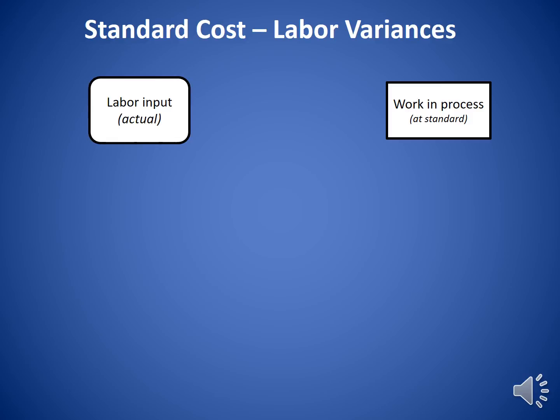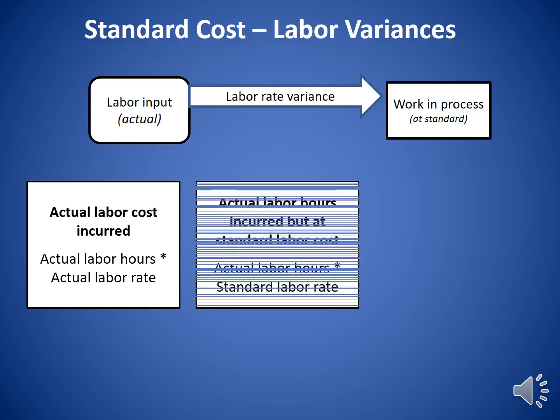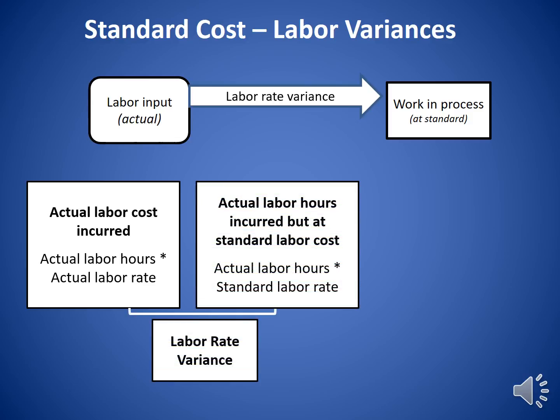So let's talk about the first variance we're going to extract. The first one is called the labor rate variance, and I've illustrated the calculation here in a box format, the same as what I had done for material variances. The left-hand box says actual labor cost incurred. In other words, that's the actual payroll that we paid, the actual labor hours times the actual labor rate.